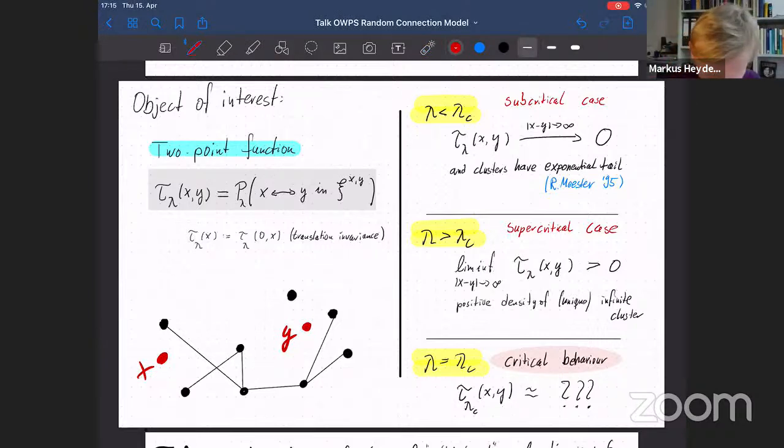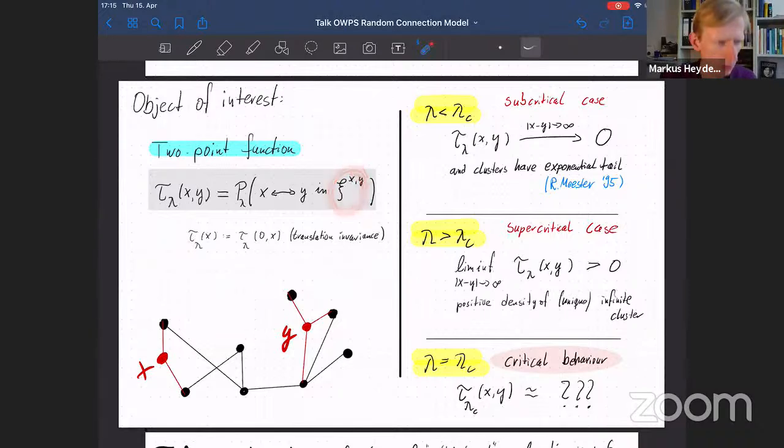Let's suppose we do this here, and then we get some point, this one and this one, say, and maybe this one is connected here, and here. So these are new edges. X and Y are fixed points in R^d, but all the black points are the Poisson points. That's to clarify this notation.